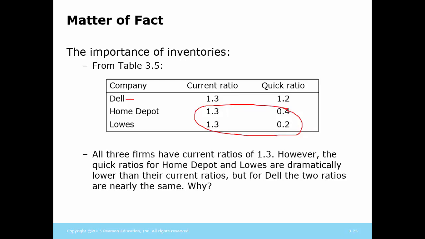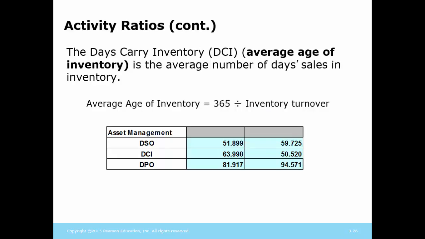It's more of a computer company, right? They build, they don't have a lot of shelf space with computer stuff. They build to need. So we can obviously see that although their current ratios are the same, how they address and manage the inventory of the company is dramatically different.